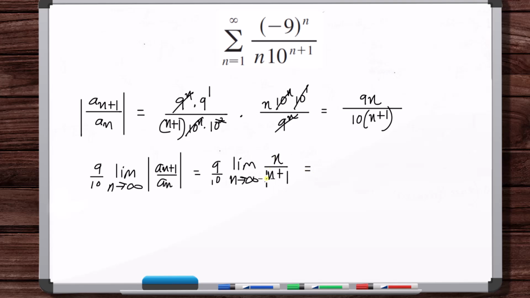And we can see that this limit is less than 1. So, okay, what does this mean? Well, to answer this question, it's nice when we use the ratio test or the root test. We're talking about the ratio test here, but what this means is that this is absolutely convergent.